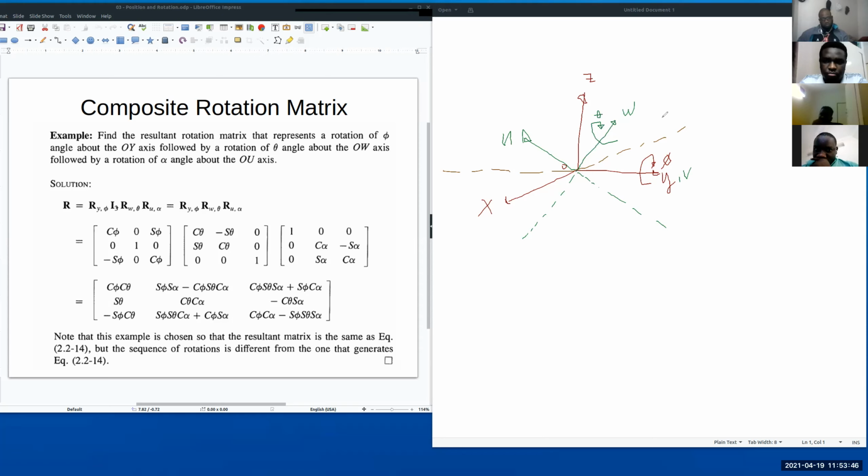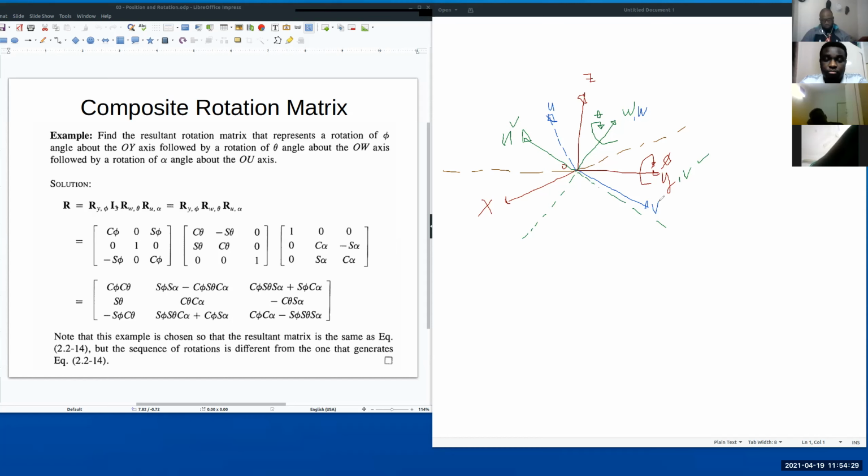When you do that, which axes rotate? These two axes will rotate. Your U will become somewhere here, because that's rotated, and your W remains the same because that's the axis of rotation. And your V will also rotate somewhere here.